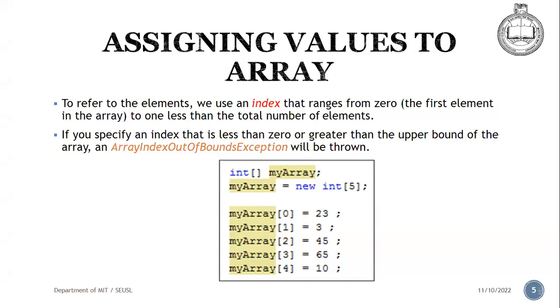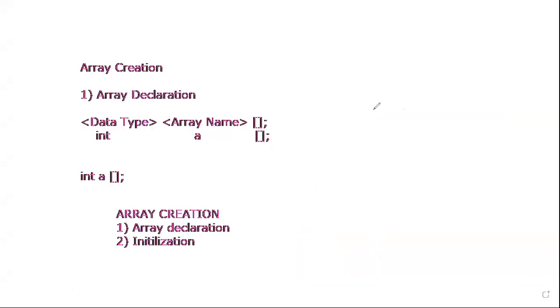The index range will start from 0 and it will go up to the number of elements minus 1. Is that clear? Wait, let me explain.